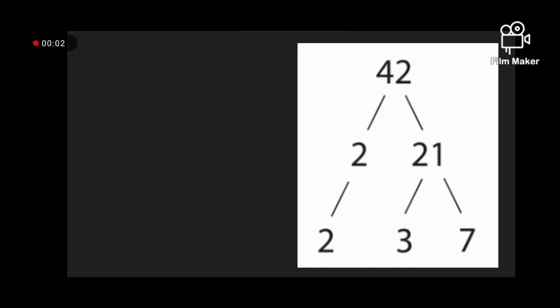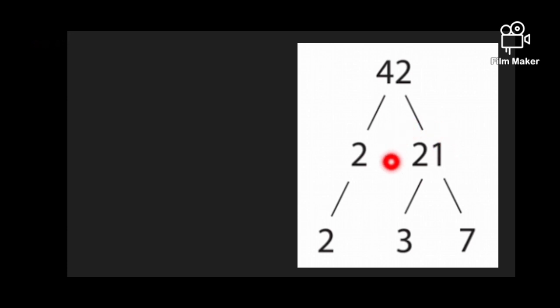Now let's take one more example of the prime factorization by prime factor tree. Now the prime factor tree of 42. First we will resolve 42 into 2 factors. 2 21s are 42.